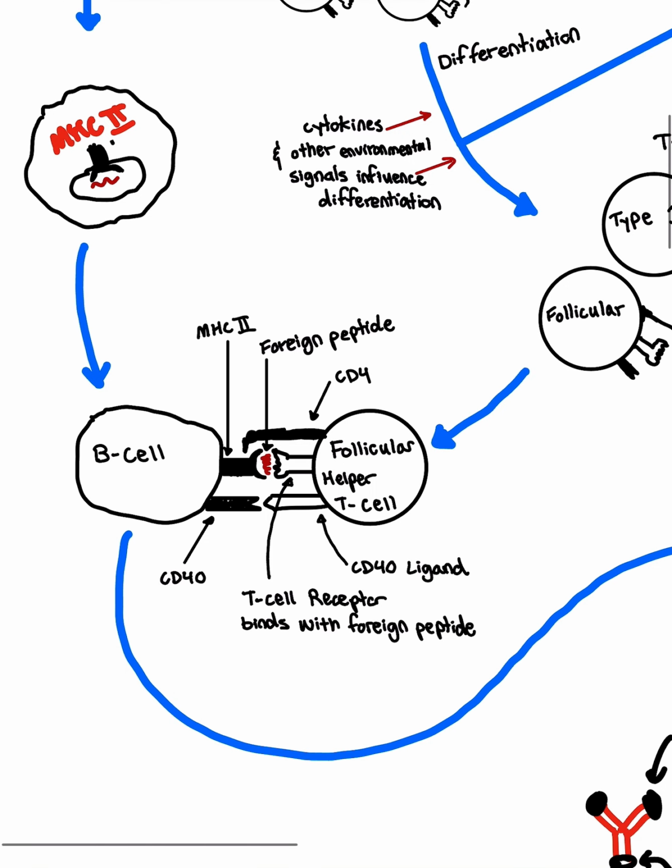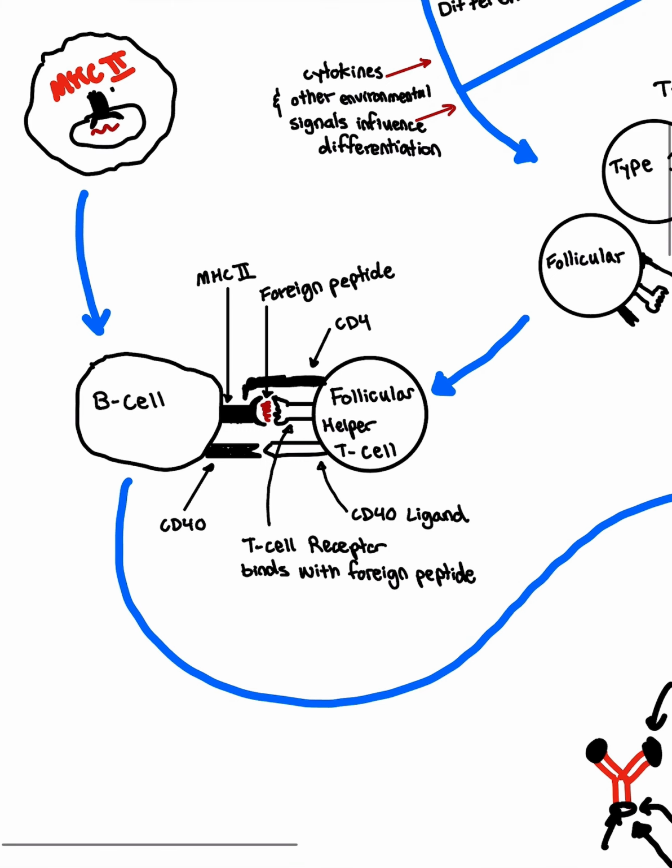And it's presenting it to follicular helper T cells that have T cell receptors that can fit the foreign peptide presented by MHC2. And these follicular helper T cells, also on their surface, still have the CD4 protein that can bind with the MHC2 molecule.